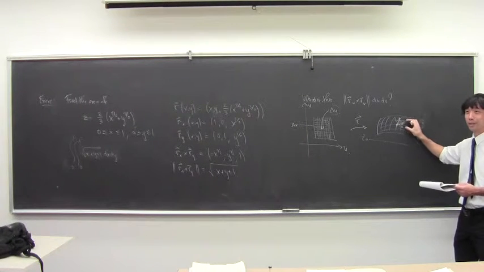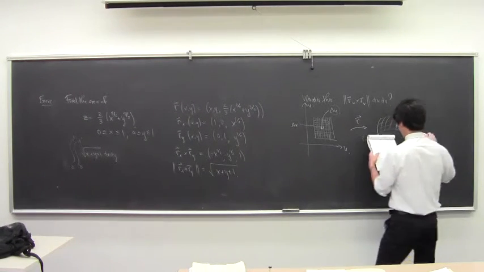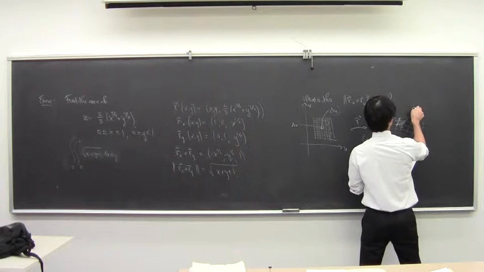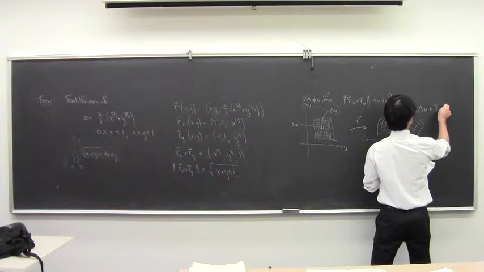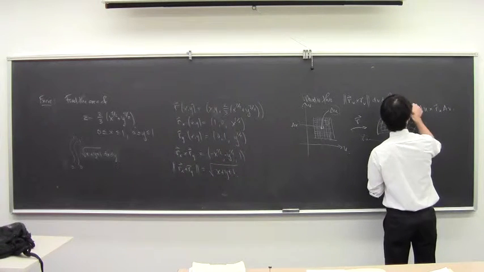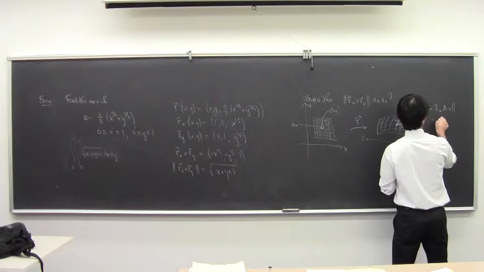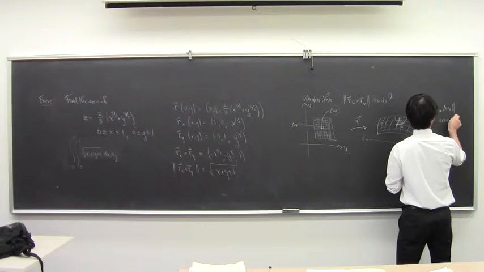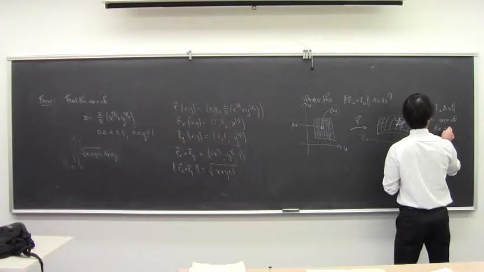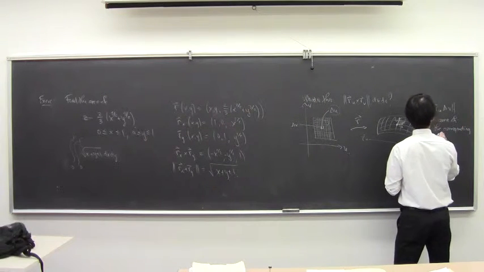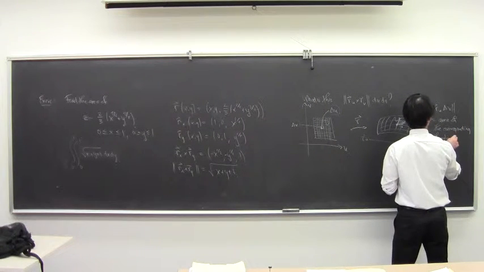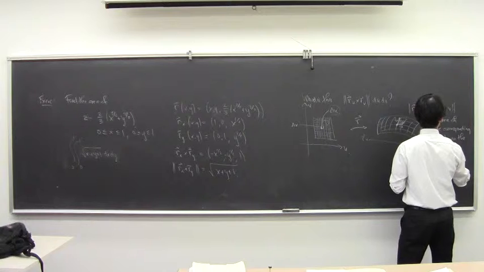This parallelogram is basically an approximation of the corresponding shingle here. So roughly speaking, this thing here, R_U delta U cross R_V delta V, the magnitude of this thing is going to be the area of the corresponding shingle on the surface.